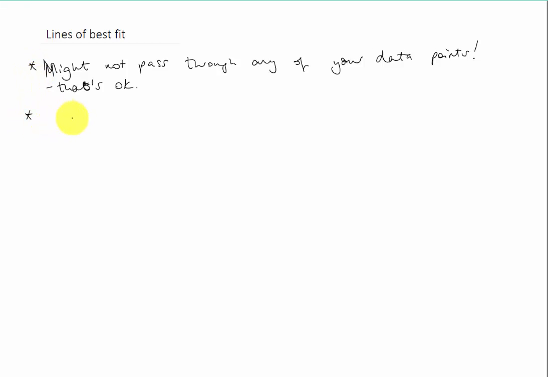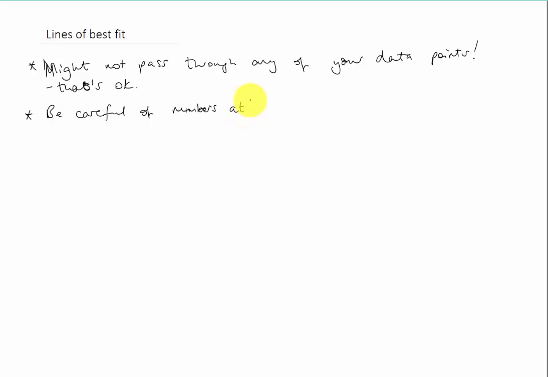Alright, what else do I want to say? I want to say be careful of the numbers at the ends, at either extreme. So often, once we get to the outer edges of your dataset, there are some kind of outlying values. And it can be tempting to skew your whole graph to take account of that.